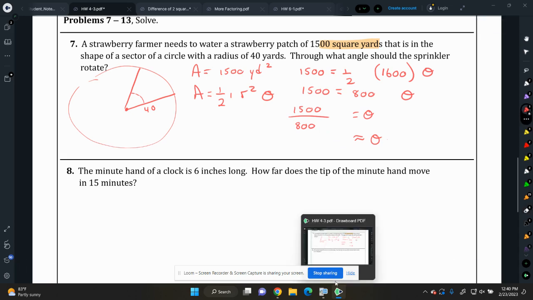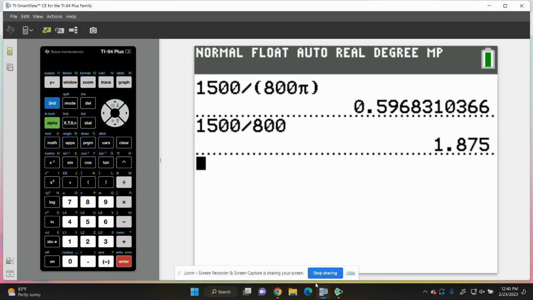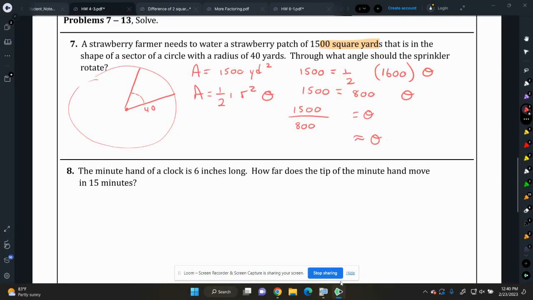Good. Okay, so let's do that again. 1,500 divided by 800. Okay, 1.875. All right. So we are going to convert that 1.875 to degrees because 1.875 radians doesn't quite make sense, right? So how do we convert that to degrees?